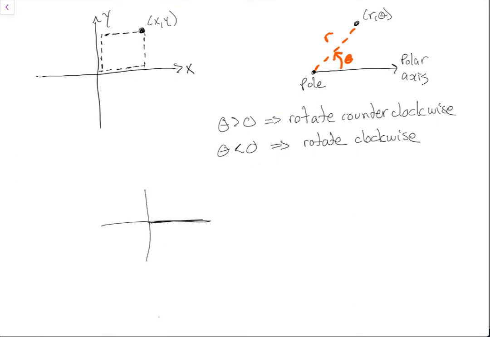If I rotate off my polar axis to pi over 2, that is a counterclockwise rotation off the polar axis. If I rotate to negative pi over 2, that is a rotation in a clockwise direction off of the polar axis. This angle measure of negative pi over 2 is equivalent to the angle measure of 3 pi over 2.